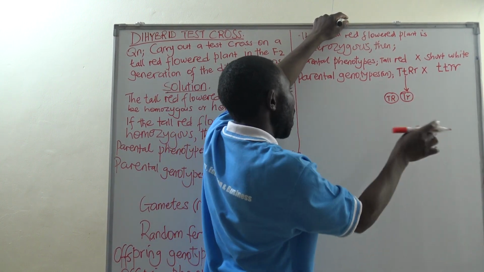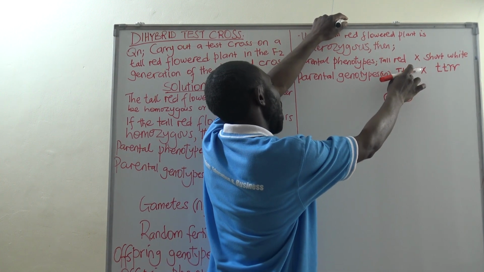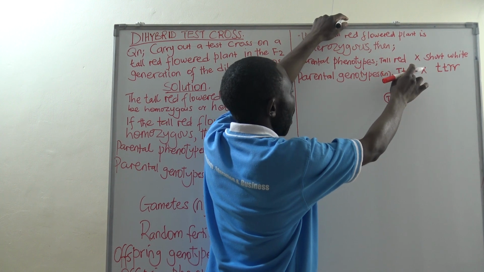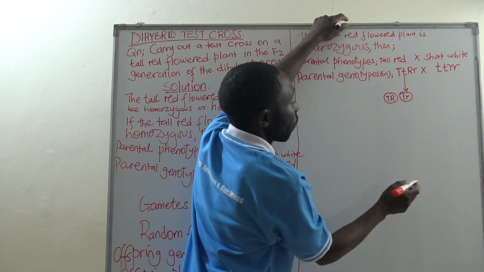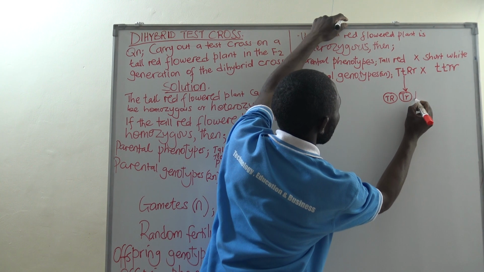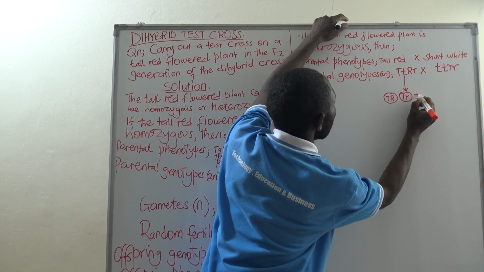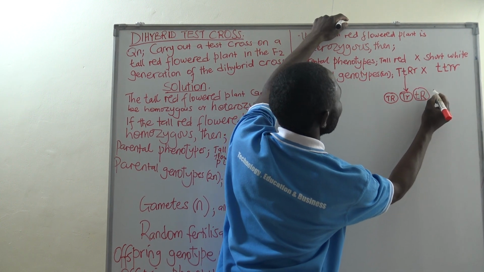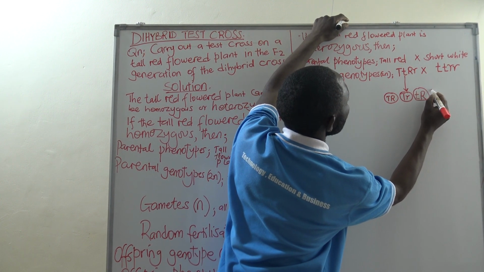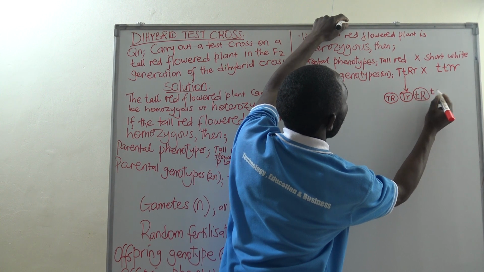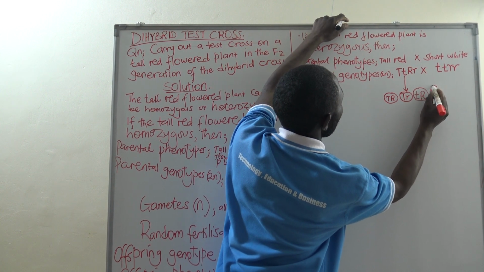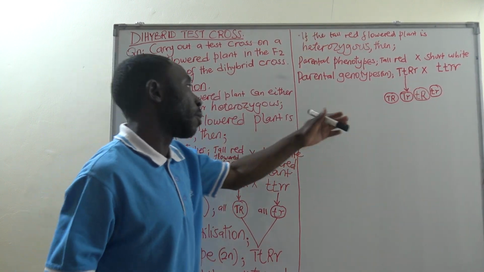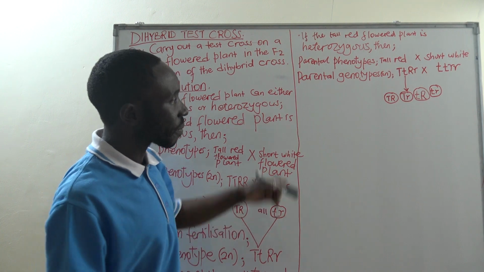Now the recessive allele for tallness, small t, can combine with capital R to form small t, capital R. And lastly, small t and small r, as shown on the board. Those are the possible gametes.